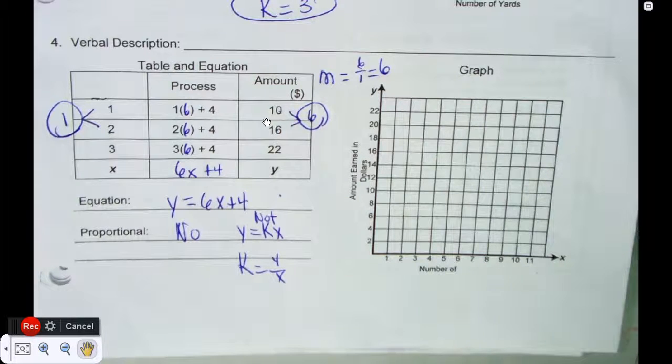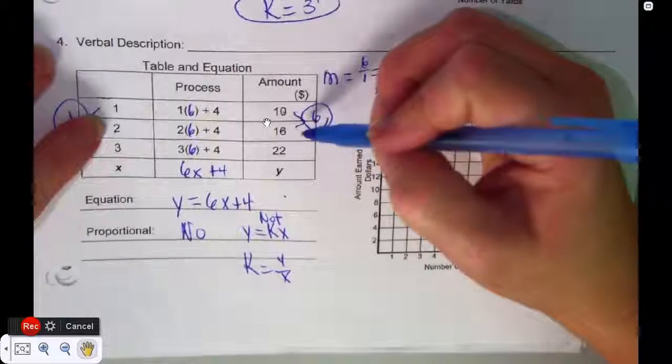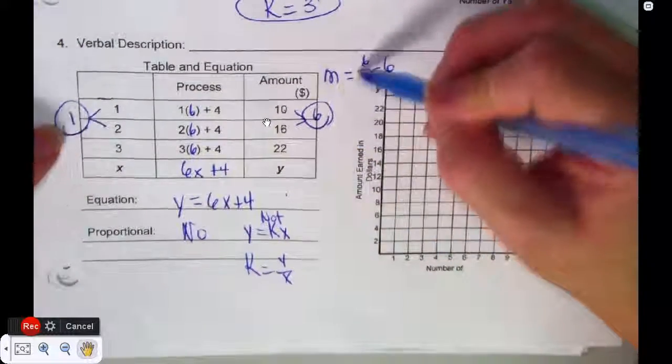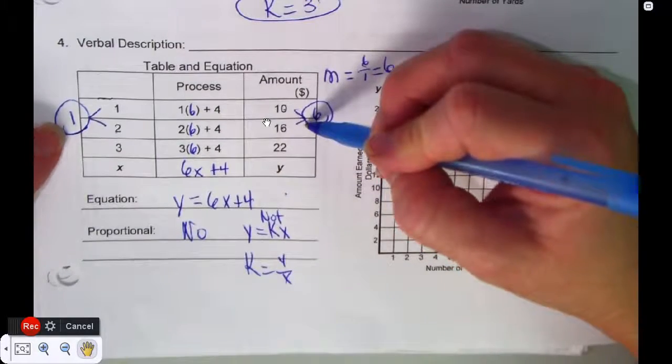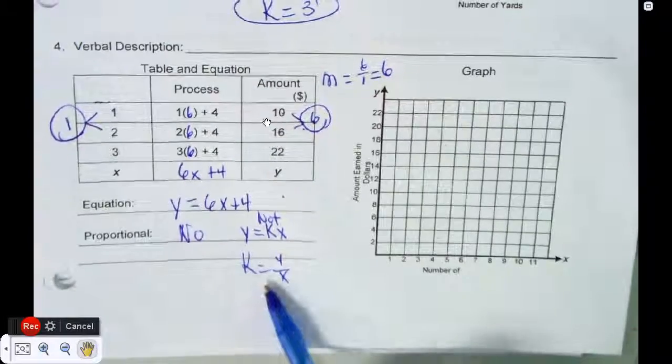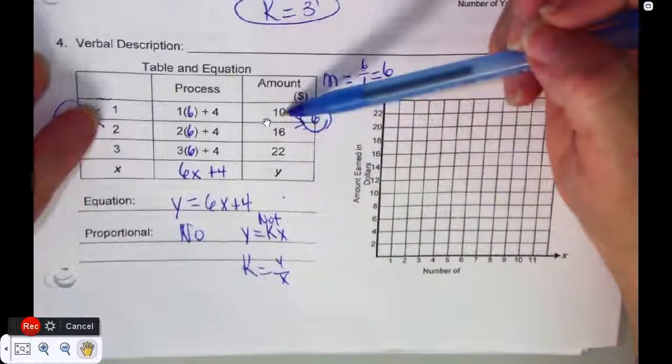I just gave you a hint. Madison. It's linear because it's got a rate of change. It's linear. There you go.